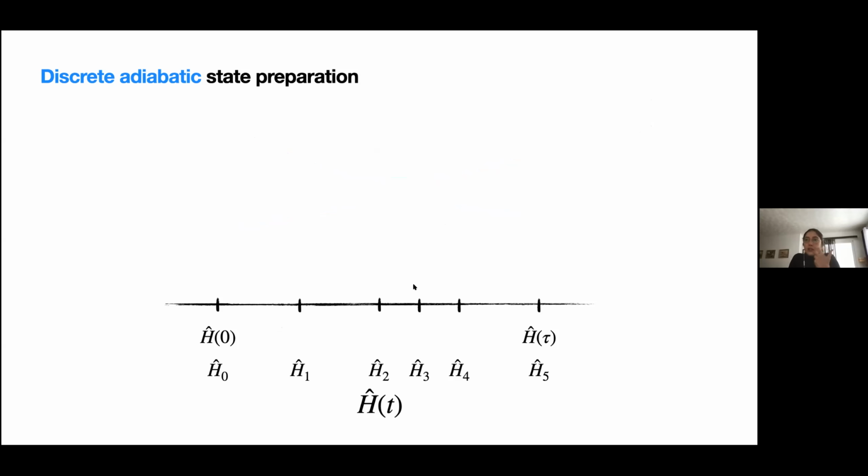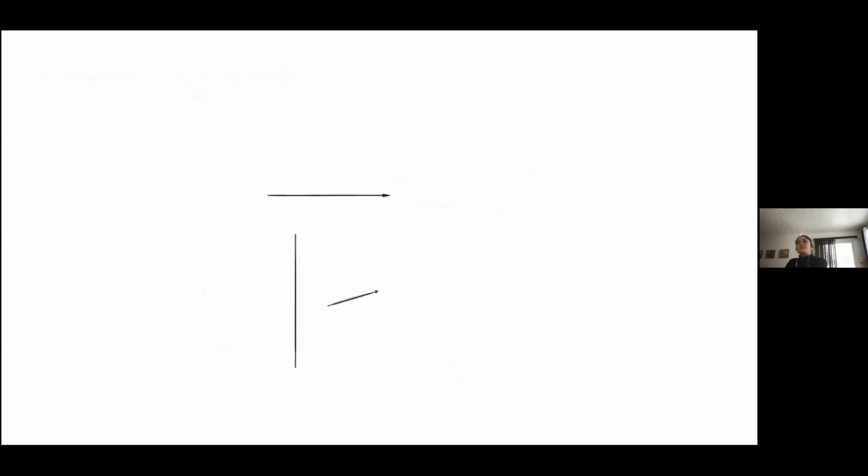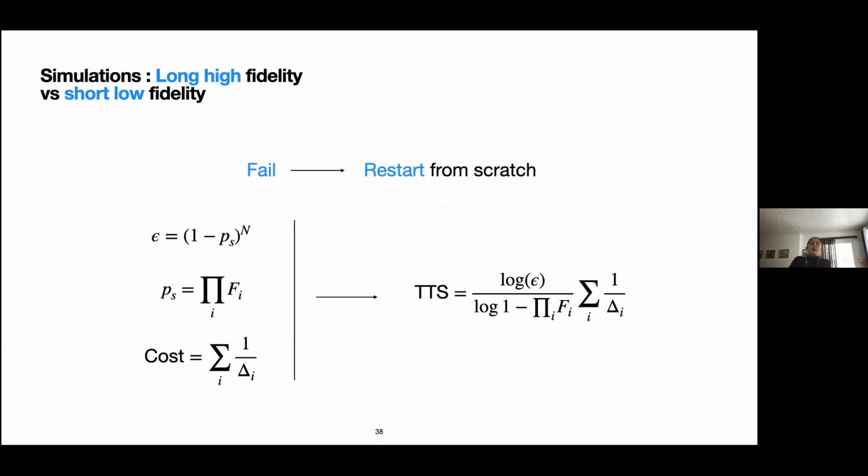So when do we know where to stop having time steps? Where do we know that we have something that will give us a sufficiently high probability of succeeding of our overall algorithm? So this is where we have the classical assistance that could help us, and it's by finding the minimal time to solution.